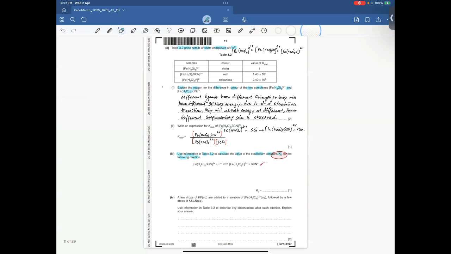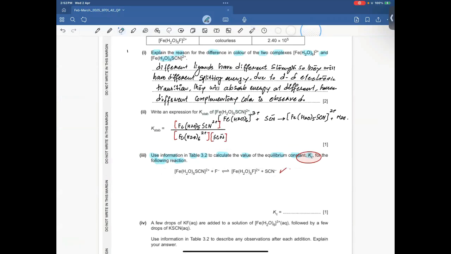See, here the thiocyanate ion complex has to be on the product side, whereas in this equation, it is on the reactant side, which means I need to flip this equation. All right. If I flip this equation, obviously this K-stab is going to be 1 over K-stab. I hope it makes sense to you.